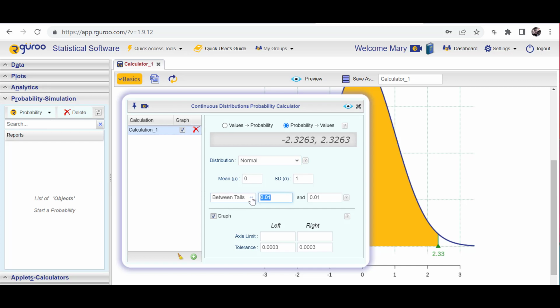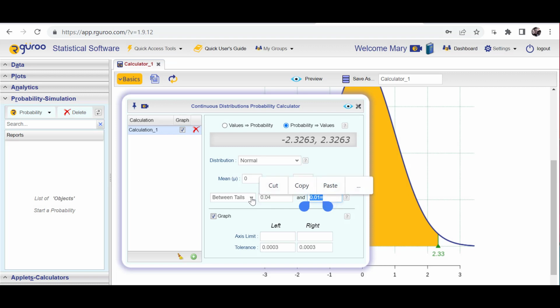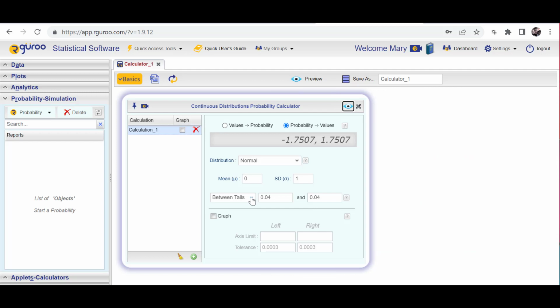Our lower tail would be 0.04 and our upper tail would be 0.04 as well. You can hit graph if you want. Let me just show you, if you don't hit graph, it'll just put your data values here. And I said round to 2.